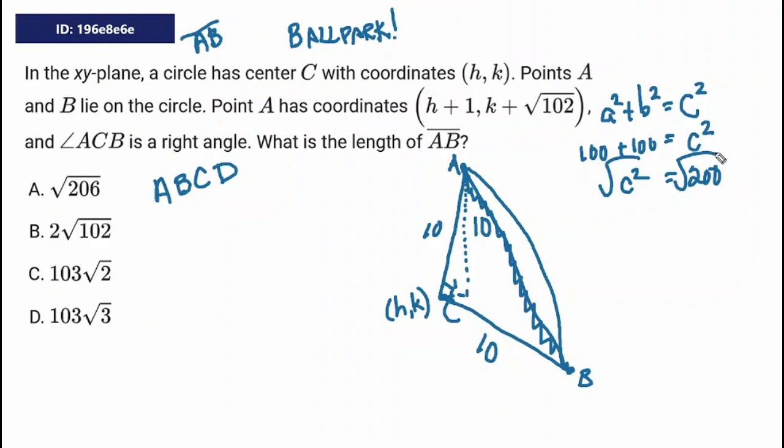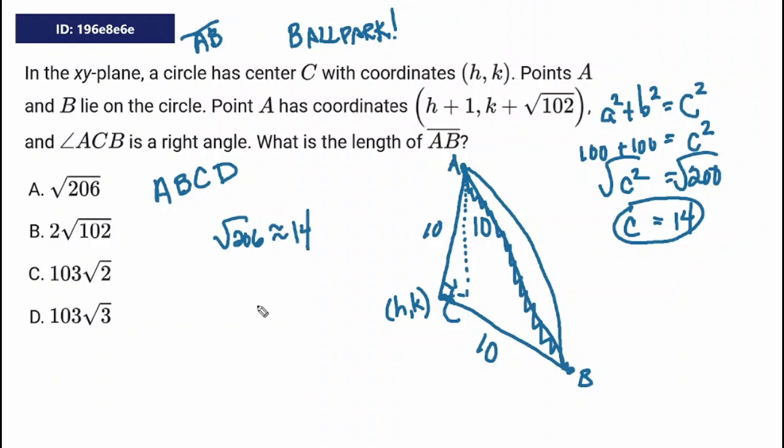That's calculator math for sure. It's 14 and some big long decimal stuff, but you're ballparking. So it's 14. And when you go to the answer choices, that's what you're looking for. And then remember you're ballparking. So you take square root of 206, and the square root of 206 is about 14.